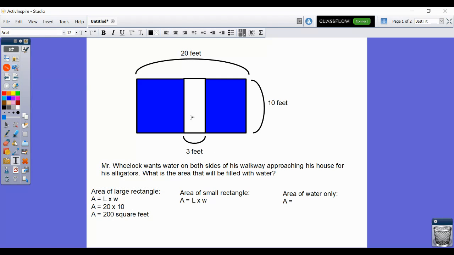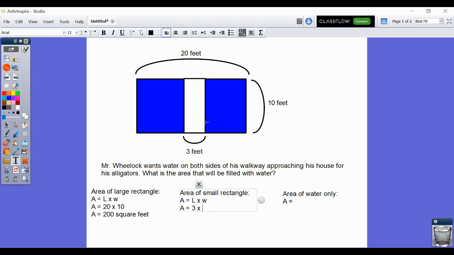Let's take a look at our small rectangle. Let's find the area of the small rectangle. Once again, our formula is area equals length times width for a rectangle. So let's substitute in our numbers for our small rectangle. So we're looking at this part right here. Our length is 3.